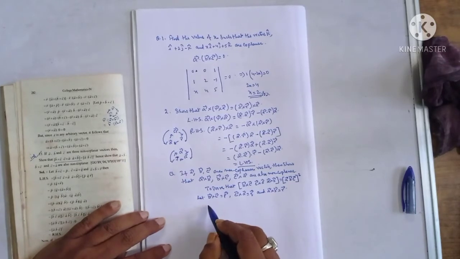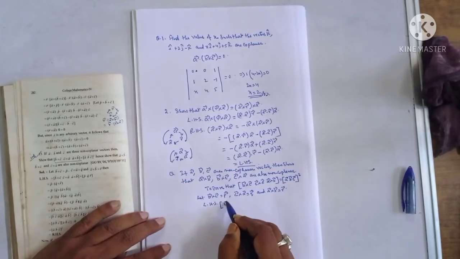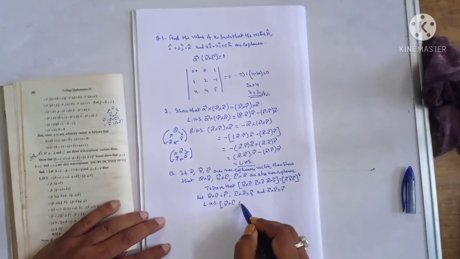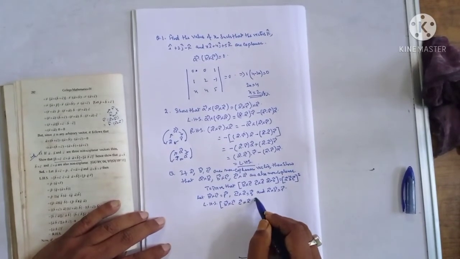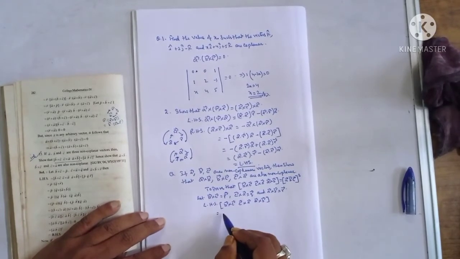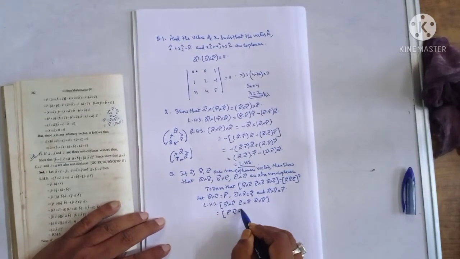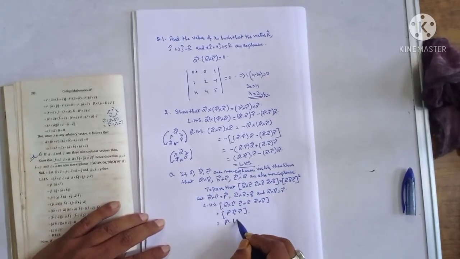So now your left hand side, that is B vector cross C vector, C vector cross A vector, and A vector cross B vector, this is equal to P vector, Q vector, R vector. So this is P vector dot Q vector cross R vector.